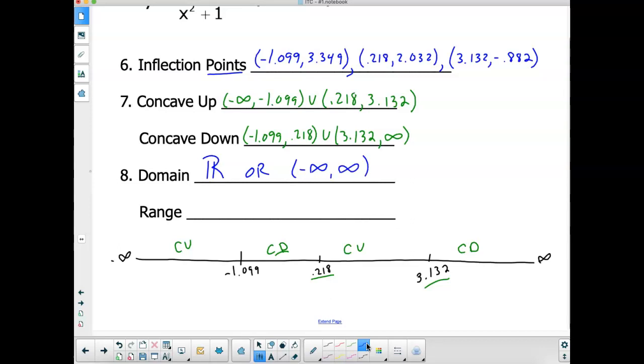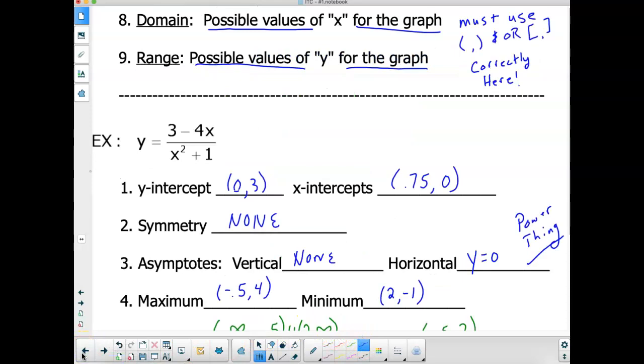My range is going to go from the y value of my minimum all the way up to the y value of my maximum. So my range is going to go from negative 1 all the way up to 4. And notice it gave me those values, so those have to be closed brackets.